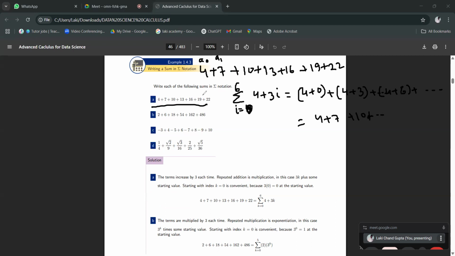So you got a series of numbers. Then you wrote a formula to regenerate it, and you will get up to 22.